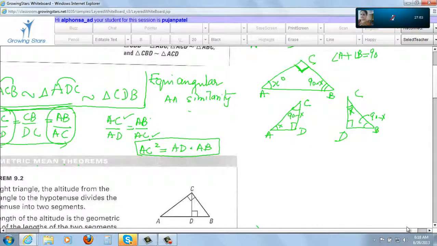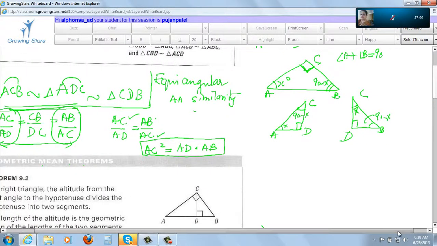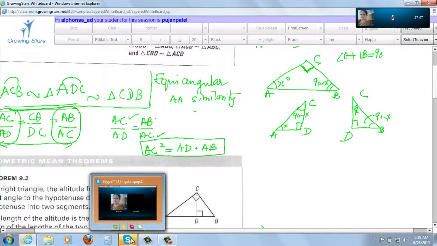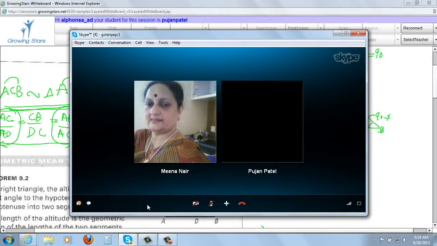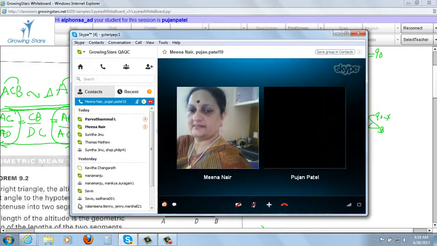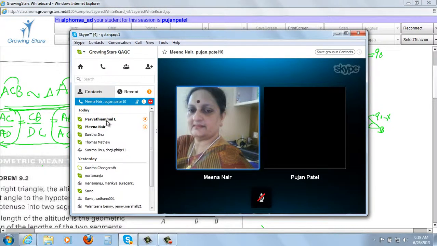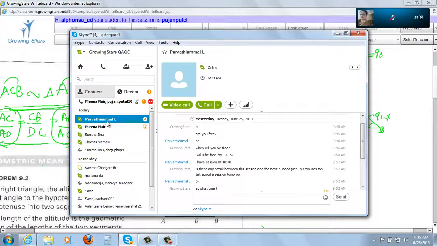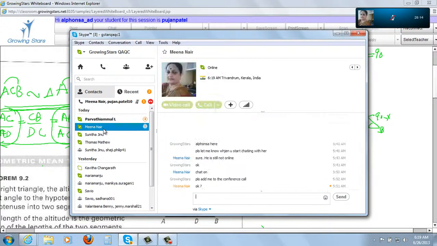CD squared would be BD times AD. Here I'll get CB squared is AB times DB or BD, and here I'll get AC squared is AB times AD. Now these are known as the geometric mean theorems.